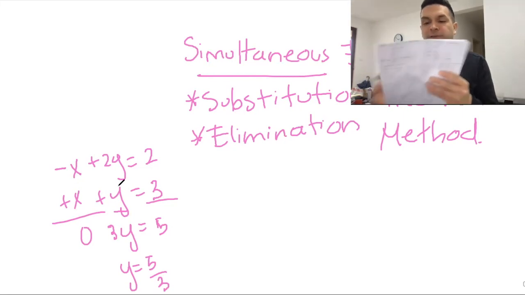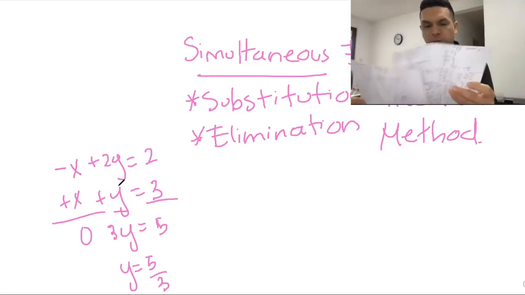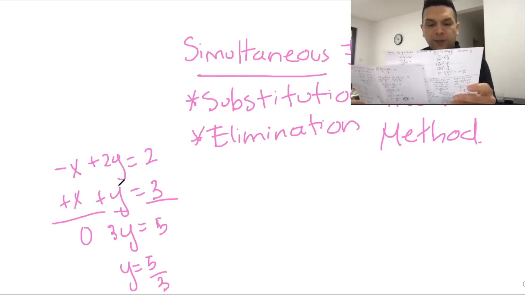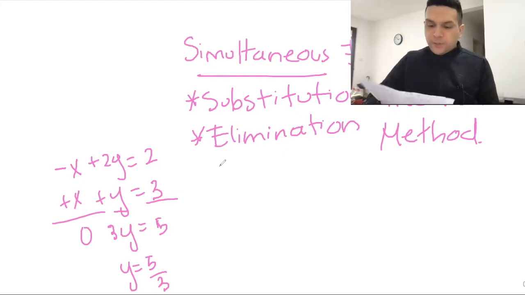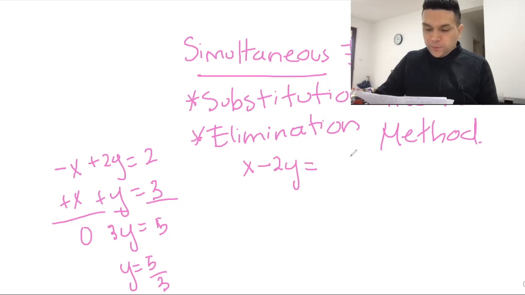Substitution. Let's see if I have an example for substitution. You just isolate, for example, let's see this one. x minus 2y equals -3, and then 2x minus 3y equals 2.